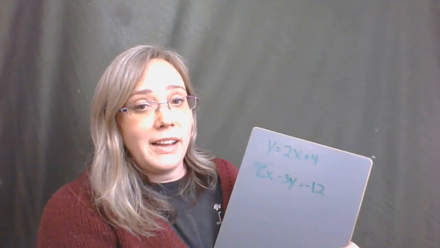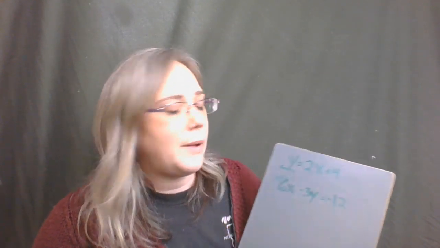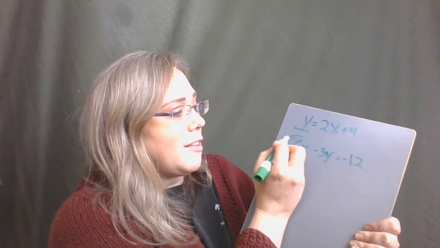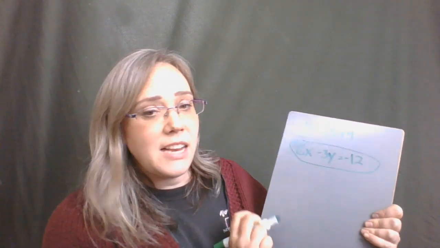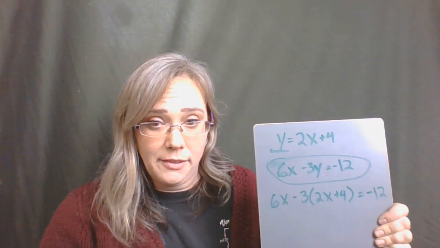Now this one, again, we already have solved for y, but if we didn't, we could solve for y. So now I'm going to rewrite this equation, and anytime I see y, I'm going to write 2x plus 4. Let me do it this way because I write faster this way. Turns out I've learned how to write upside down in math, but not sideways.